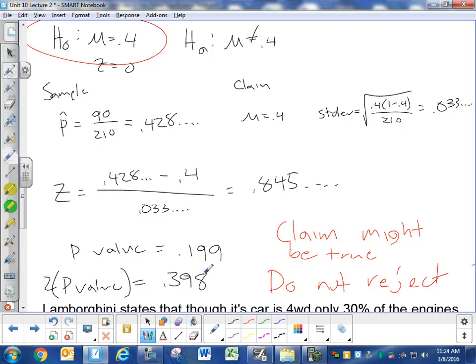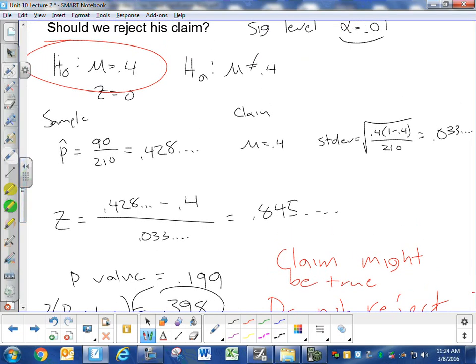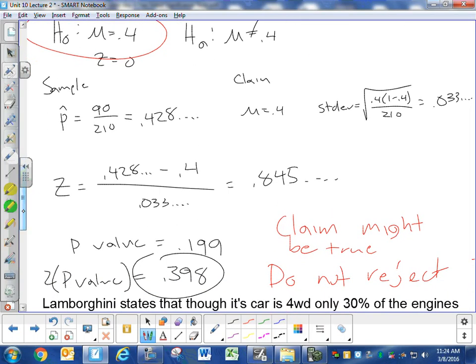Well, guess what? That p-value is still larger than my significance level. So I would still say my claim might be true. I'm not going to reject. And I can still see that by looking at my z-value here, 0.845 is not far away from our claim. The further we are from the claim, the less likely that the claim is true. Okay? So everything stays the same.